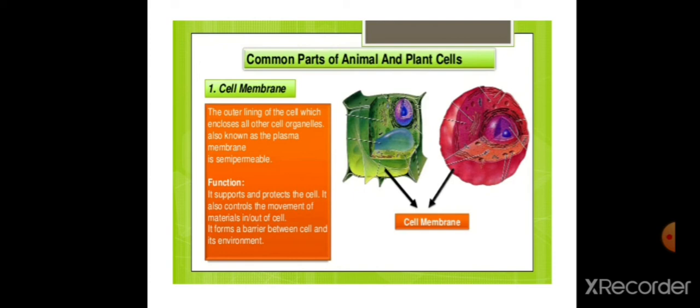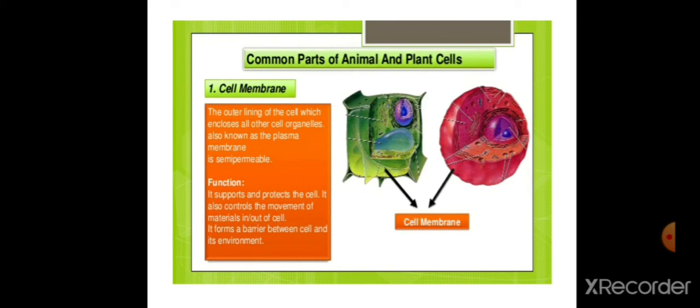So the most important function of the cell membrane is that it controls the movement of materials that are coming in and going out of the cell. So in short, it forms a barrier between the cell and the environment.